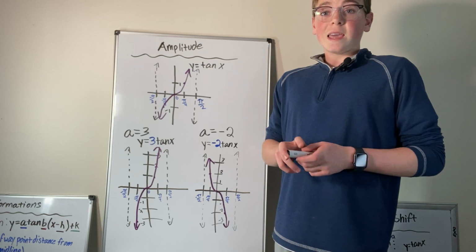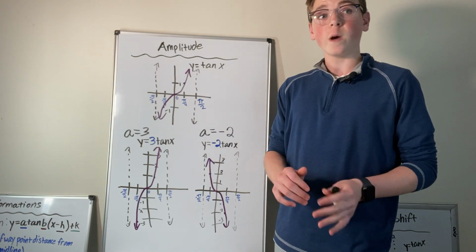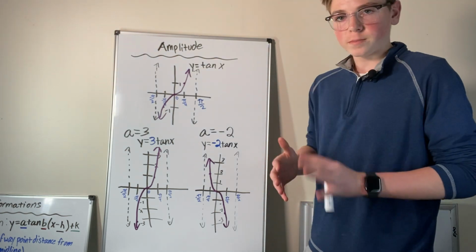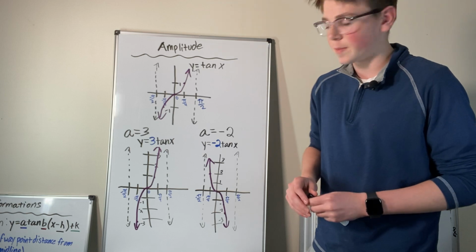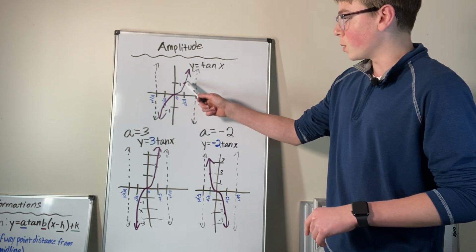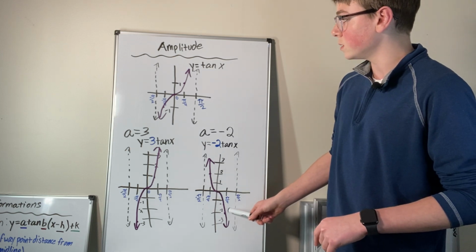Now, if we say a equals -2, what this does is it flips the graph as well as multiplies the point distance from the midline. So instead of having pi over 4 comma 1, we now have pi over 4 comma -2.